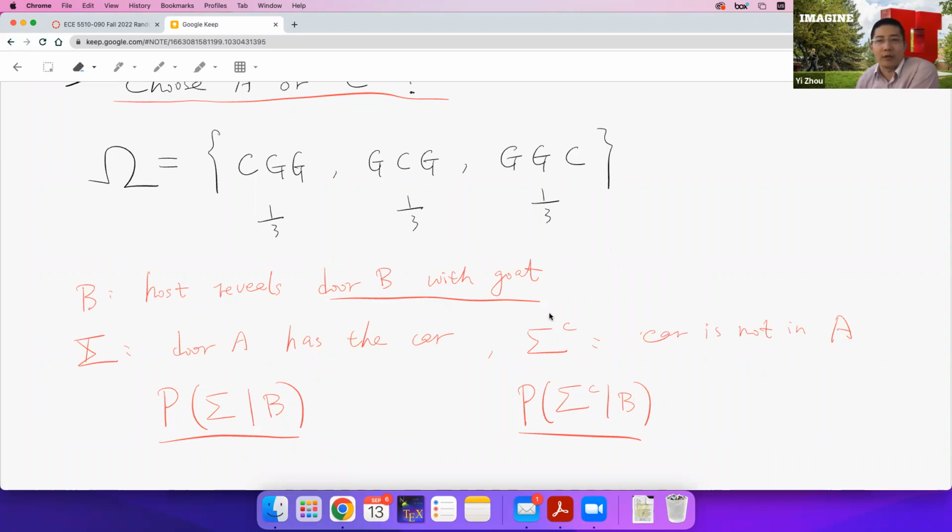Condition on this event, the complement is simply that car is not in A, which means car could be in B or C, but we are conditioning on the event where door B has the goat. So the only possibility is that door C has the car.